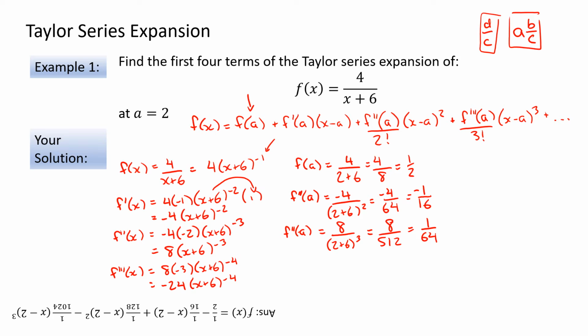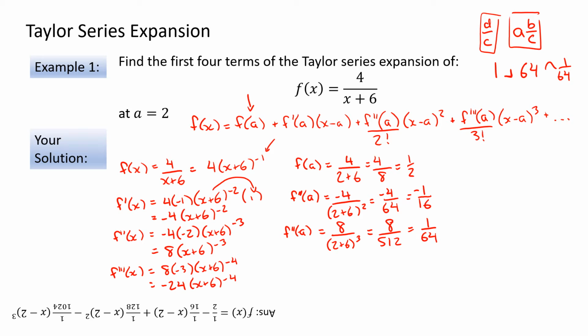If you write 8 divided by 512 and press the button, on my calculator it shows a 1, then a symbol, and 64. That means 1 over 64. So don't think that you have to show each of these and reduce them yourself. Most of the time you will be able to do this completely using your calculator.